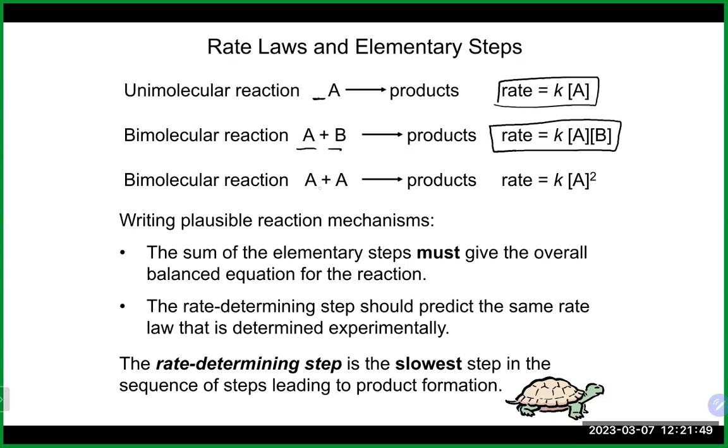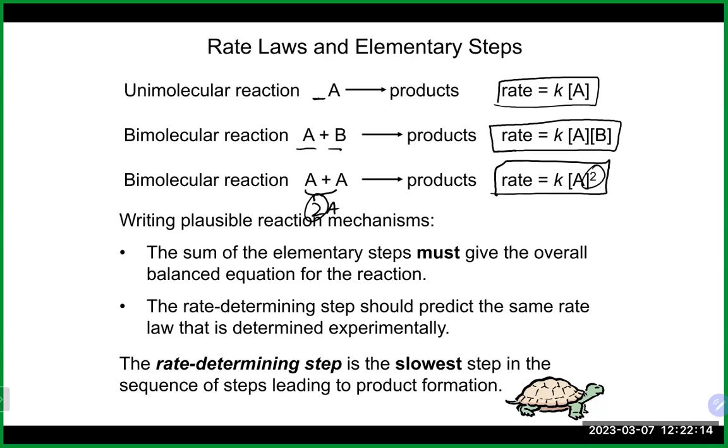And for this one, this is essentially 2A, which means we could write the rate is equal to k times A squared, using the coefficient there as the exponent. So this is the only place where you can write a rate law for a reaction and use the coefficients as the orders, when you're doing reaction mechanisms.